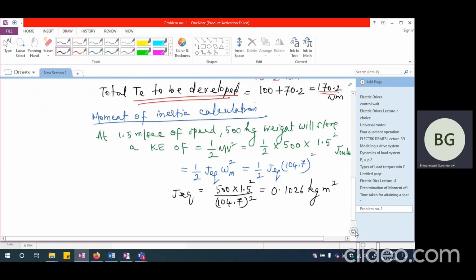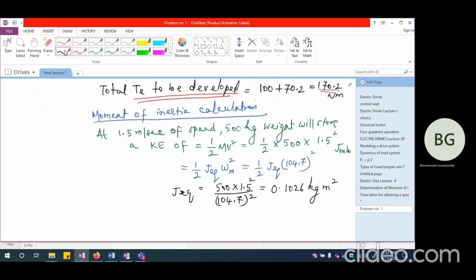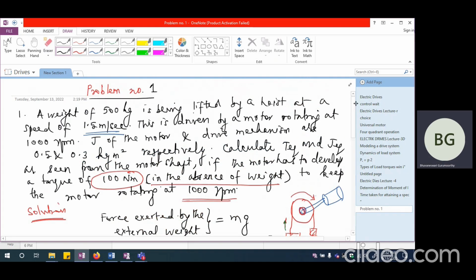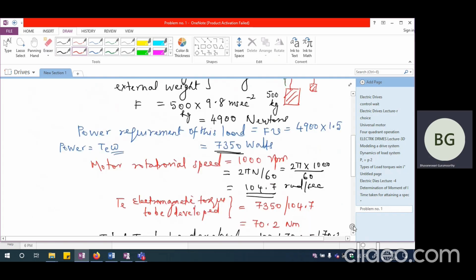Okay, in which case we can say the total value of J, that is moment of inertia. It is already given that the motor and this other mechanism, each of them have the moment of inertia corresponding to 0.5 and 0.3 kg meter square.